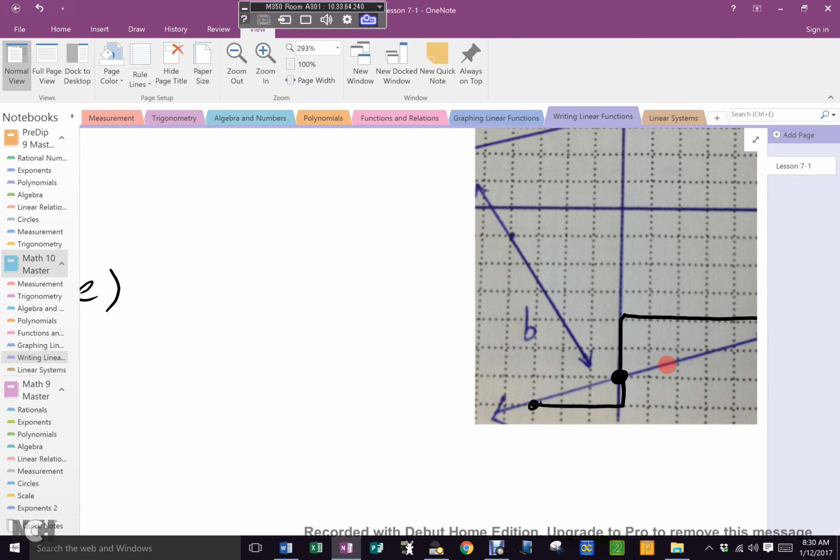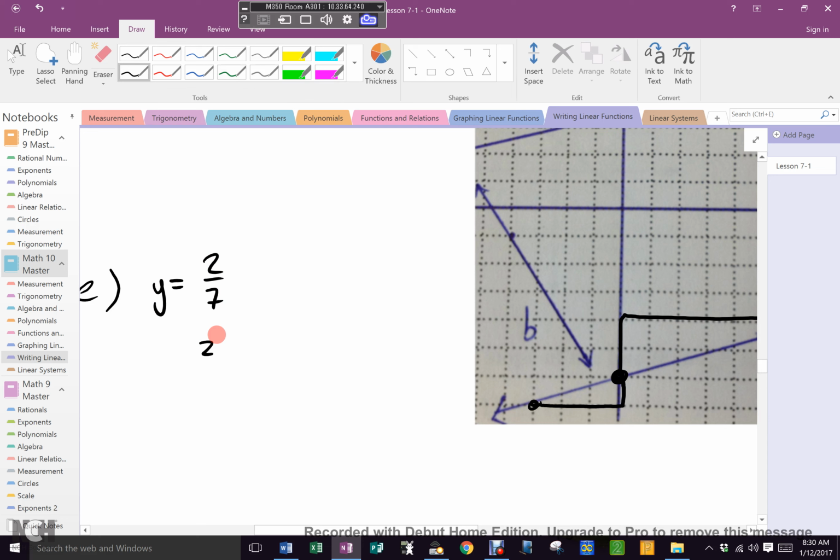Understand? So y equals 2/7, but some of you might have said 1/3, whatever, x, and the y-intercept is 1, 2, 3, 4, 5, 6, -6. Cool? Everybody good? All right.